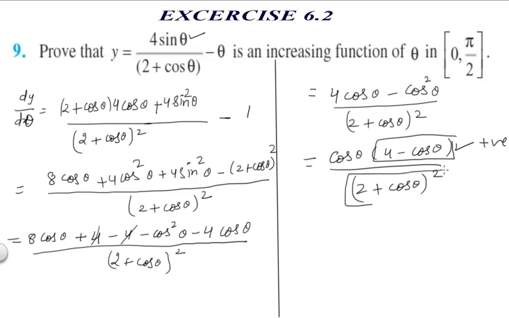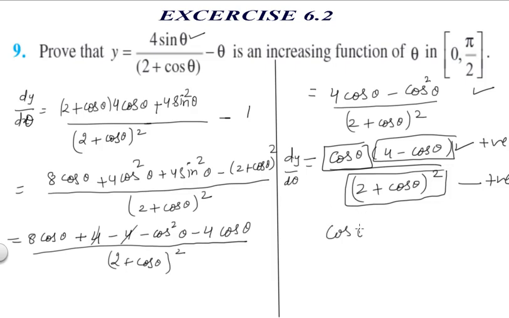This term, 2 plus cos theta whole square, because it is a square of something, even if a negative number comes, we are going to get positive only. So this is always going to be positive. The only thing on which our dy by d theta is dependent is cos theta, and cos theta in the interval 0, pi by 2 is positive.